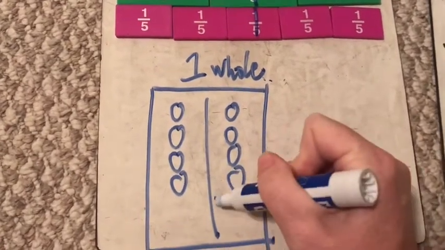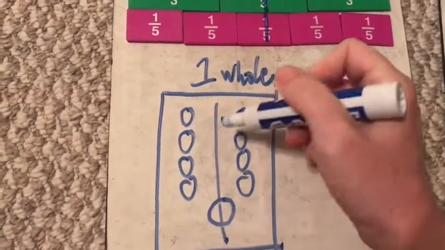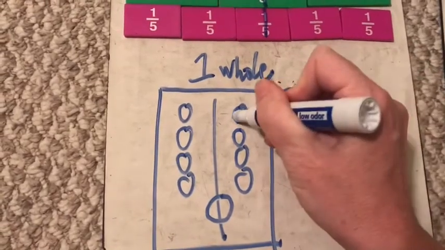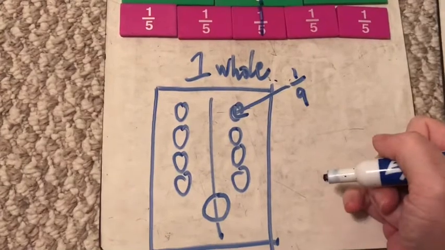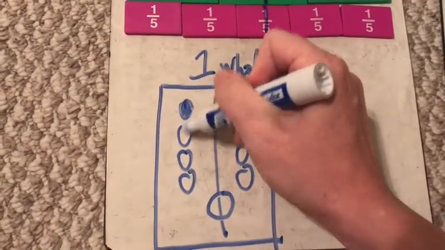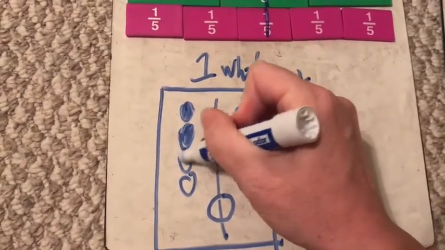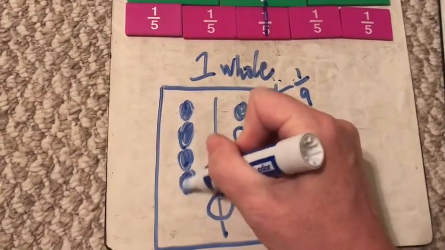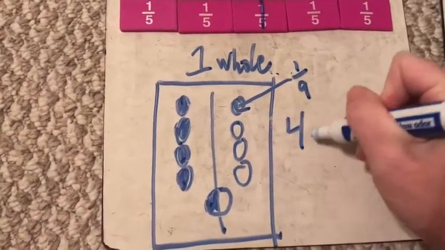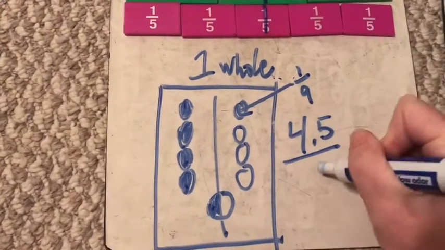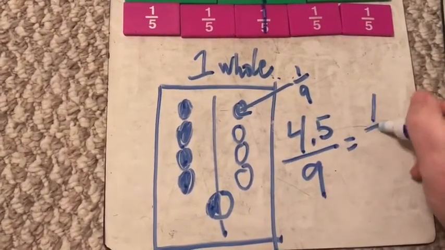Now 9, I would have to split that last one in half, right? So each of these pieces in the set is 1/9 of the whole. So that's 1/9, 2/9, 3/9, 4/9, and 1/2 of a 9th. So 4 1/2 9ths is the same as 1/2.